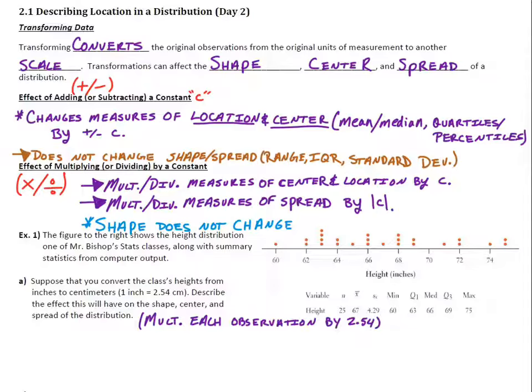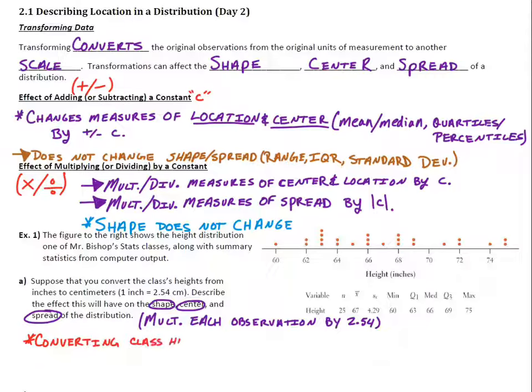Well, right away I want you to think about which values get affected between shape, center, and spread. So for shape, center, and spread, which ones get affected? Right away you should think we're not going to be affected in terms of the shape. But the center, if every single value in there gets multiplied by 2.54, that should multiply our center by 2.54.